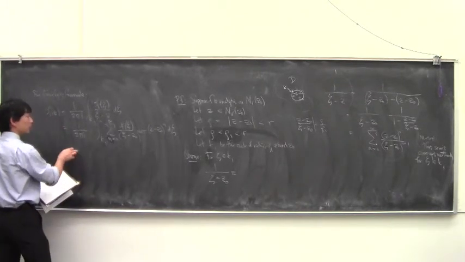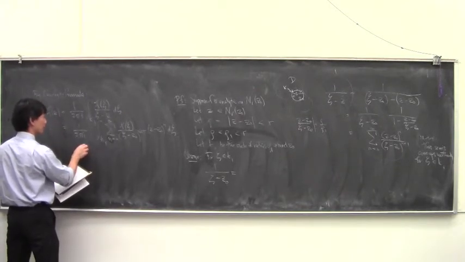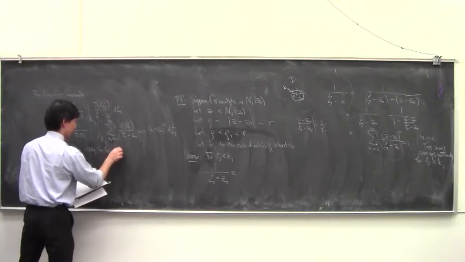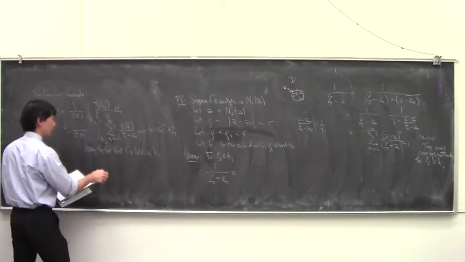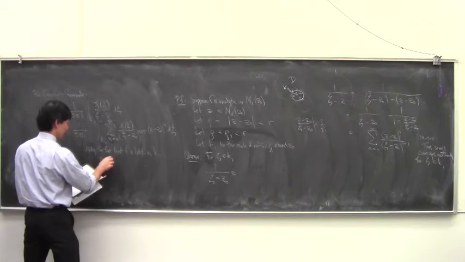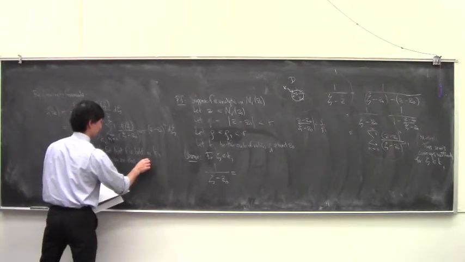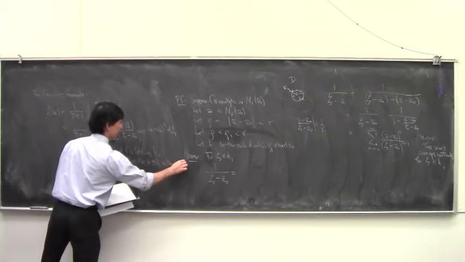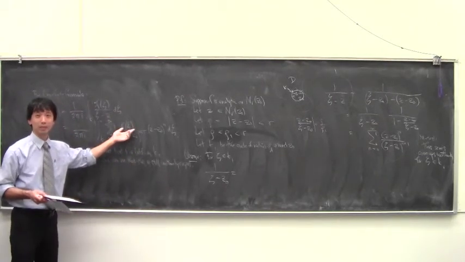Now, again, using the fact that f is bounded on K1, one can see that this series is still uniformly convergent. Because we had a uniformly convergent series, and then we just multiply it by some bounding function.